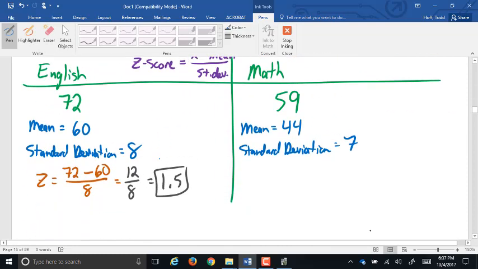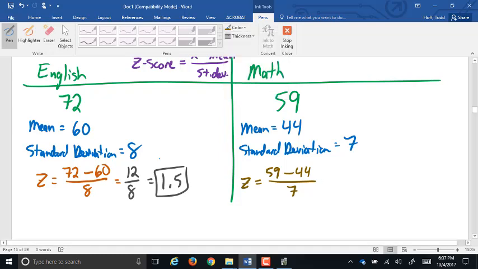Well, let's now compare it to the math score. The Z-score in the math test, what was their value? 59. What is the mean? 44, over the standard deviation of 7.